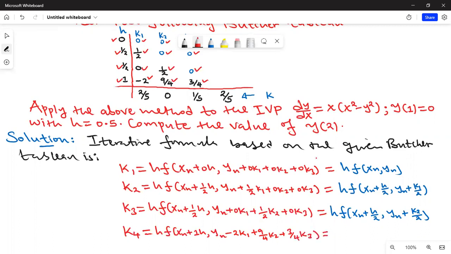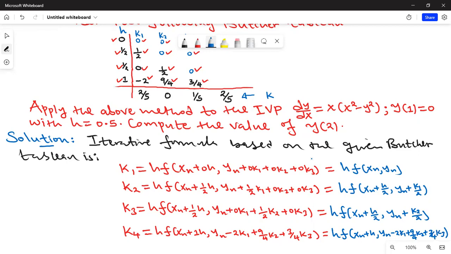When you simplify this, it's just the same as what we have there. So this is simply equal to h f of xn plus h, comma, yn minus 2k1 plus 9 over 4 k2 plus 3 over 4 k3.